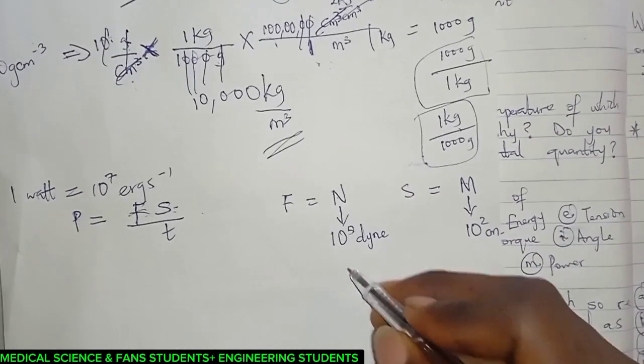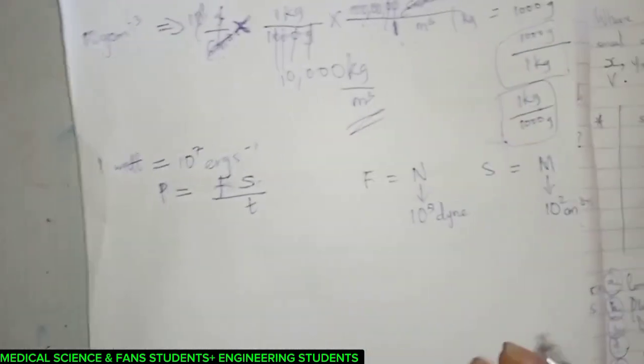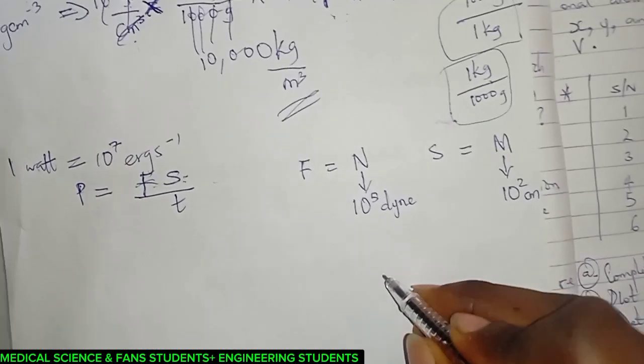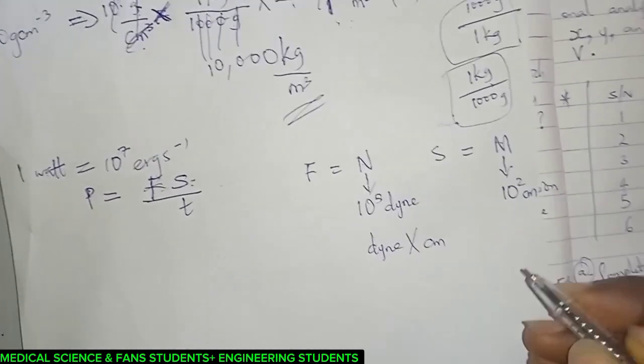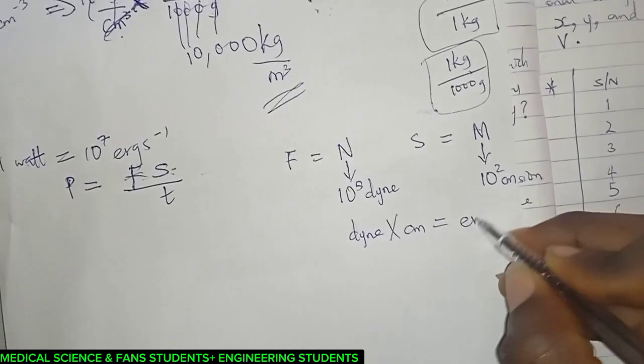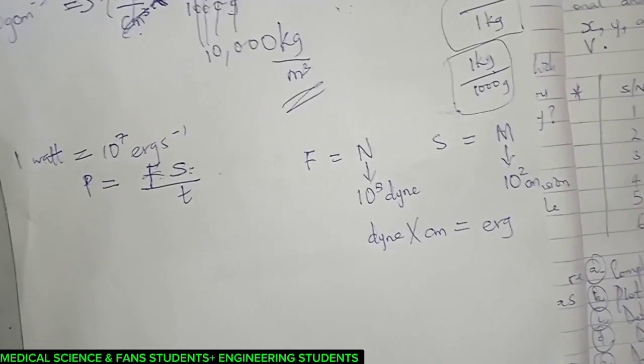And you need to know that the product of dyne and centimeter equals erg. Are you seeing it?